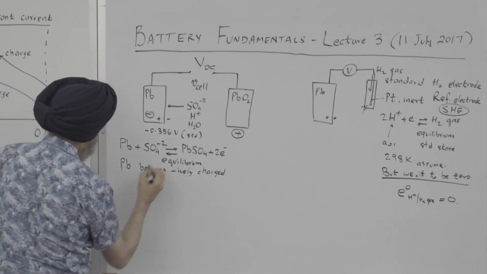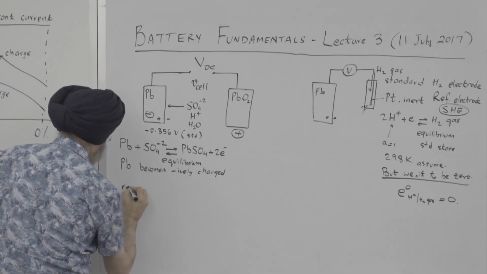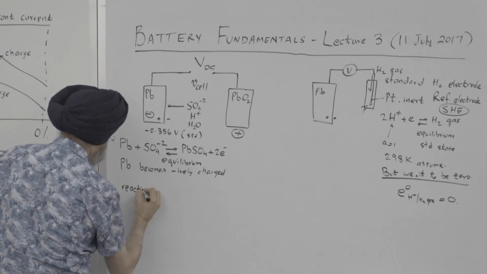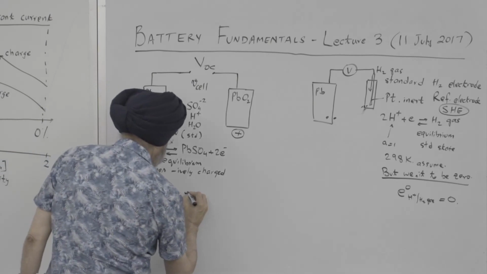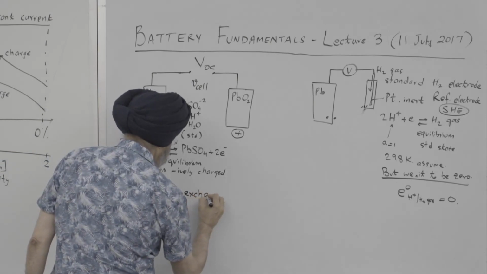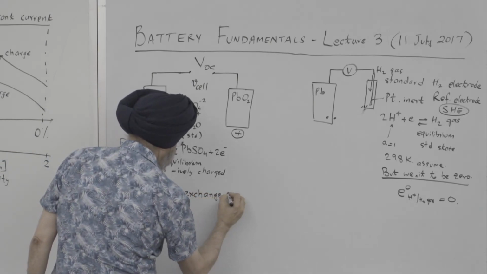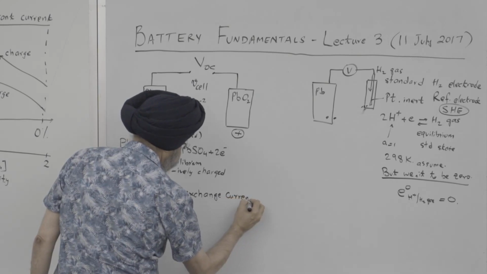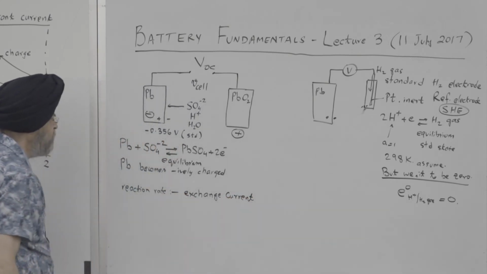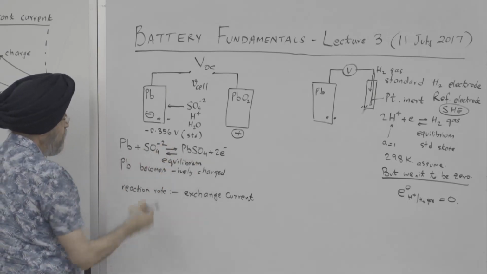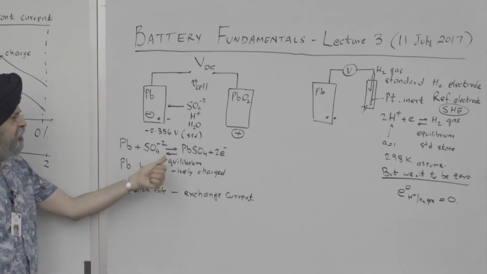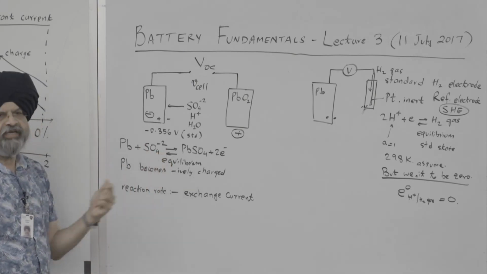It turns out there's a reaction rate, and that reaction rate is called exchange current. I'll explain this in a few minutes. But in terms of amperes, we know how many amperes are going this way and this way. They're both equal, they cancel each other. But there is exchange current that can actually be measured.